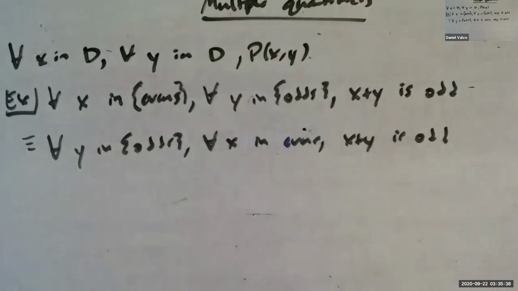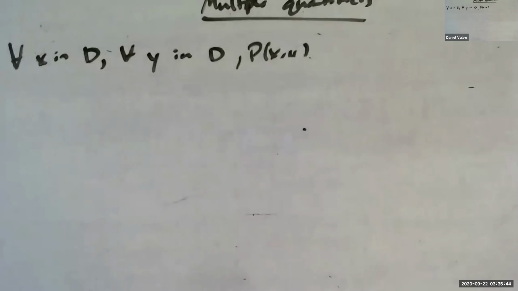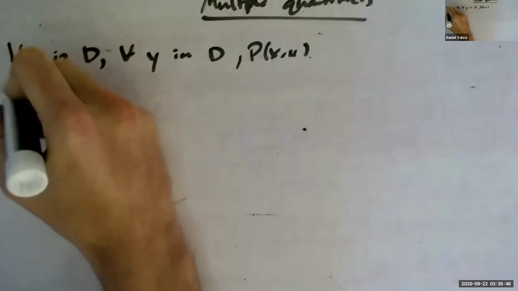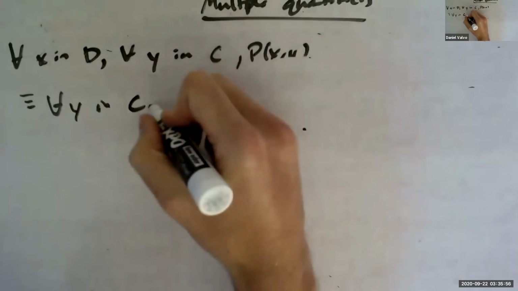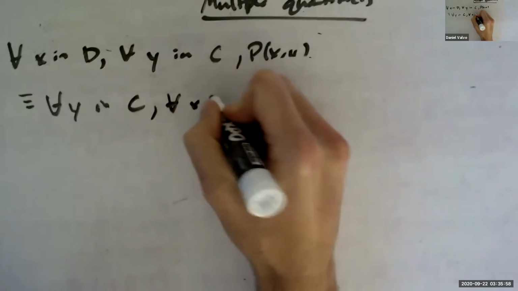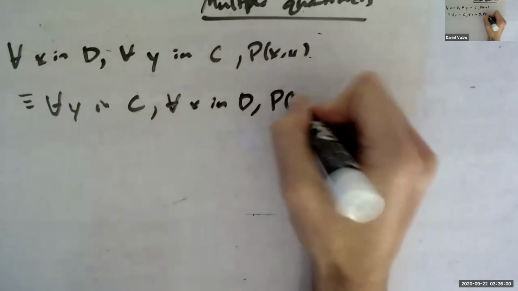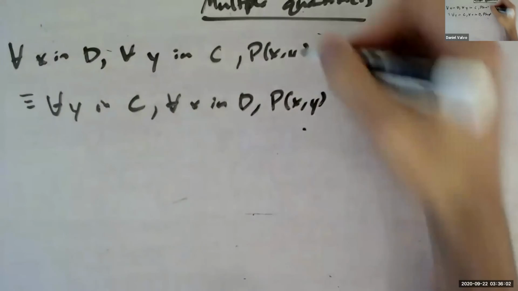So, in general, this is always equivalent. Oh, this used to be a C right here, by the way, because you have different domains. In general, this is equivalent to for all y in C and for all x in D, P of x, y.